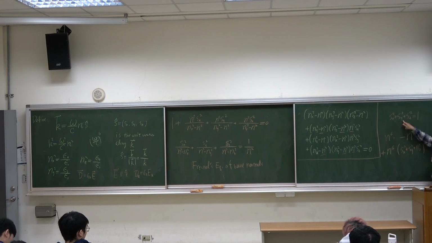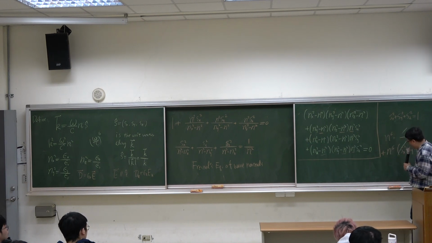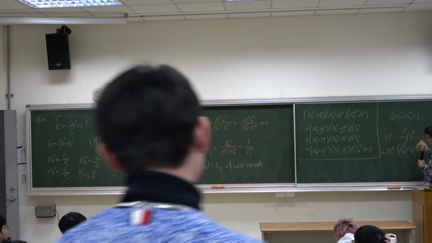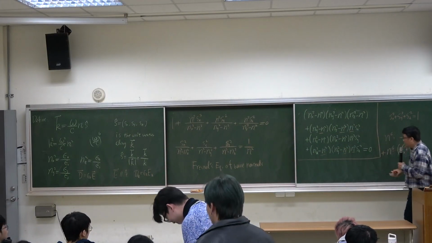Since the sum of these three squares is equal to 1, they cancel each other. So the 6th power terms cancel out, leaving the 4th power.